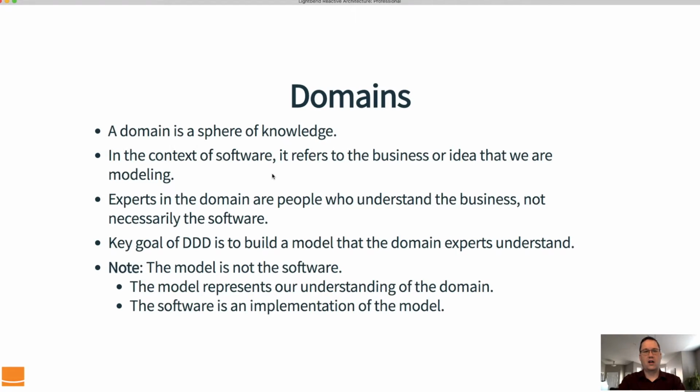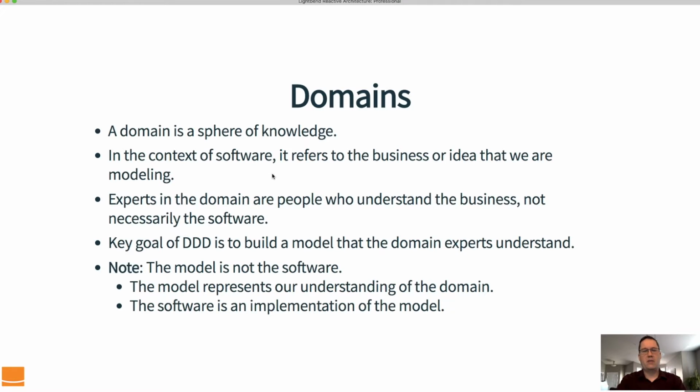Experts in the domain are therefore people who understand that business or that idea, not necessarily the software. So if you're building banking software, for example, then your domain would be banking. Your domain experts will be bankers, tellers. Any of the bank managers are potentially domain experts.